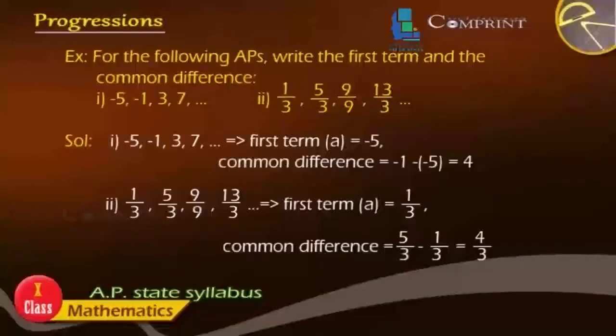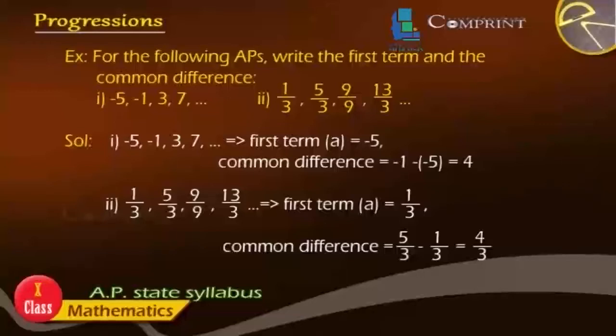Example. For the following APs, write the first term and the common difference. Number 1. Minus 5, minus 1, 3, 7, and so on. Number 2. 1 by 3, 5 by 3, 9 by 3, 13 by 3, and so on. Solution. Number 1.